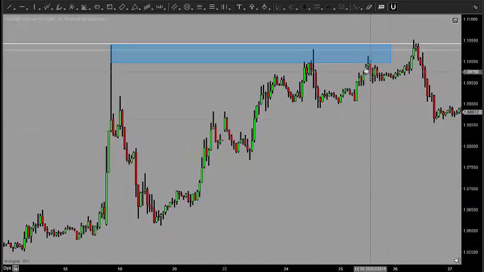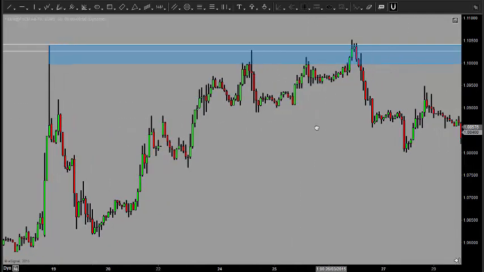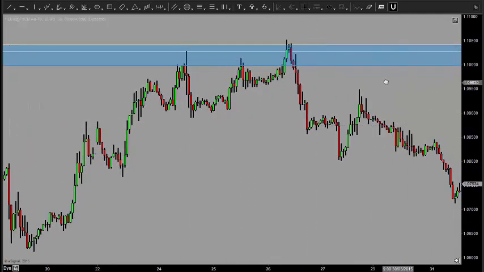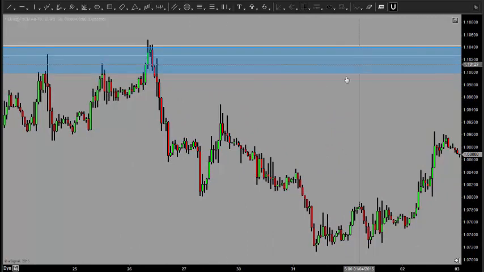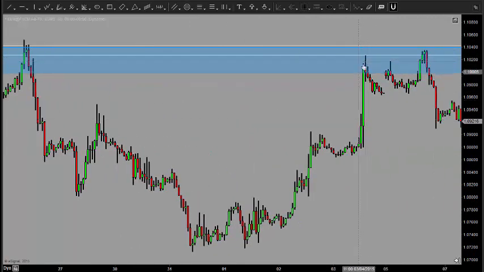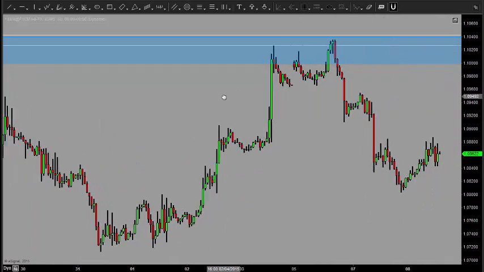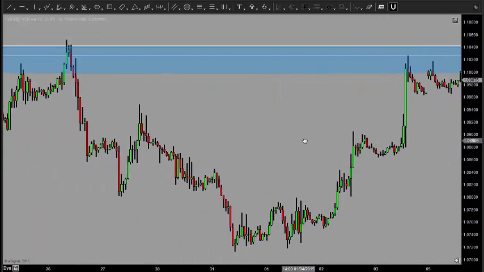It gives me a range where I can see price running into, and if I extend it right, you'll see that each time it comes up into this area, there was and potentially still is supply, and plenty of supply running into these areas, and every time it gets up there it fails.